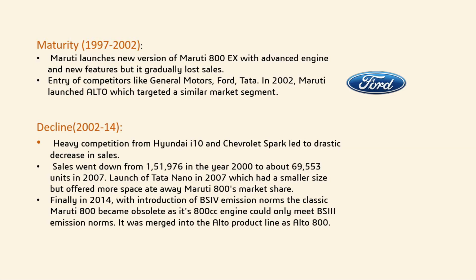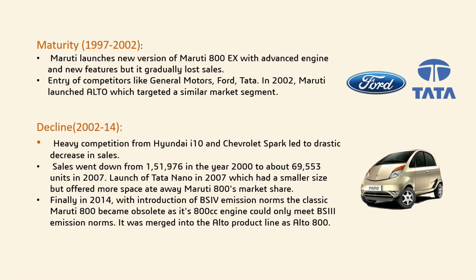Then the competitors like Ford and Tata emerged into the market, and this made Maruti very difficult to increase their sales. Then Maruti launched a new product Alto, and they targeted a similar market segment. The decline of Maruti 800 started in 2002 due to the heavy competition from Hyundai's i10 and Chevrolet's Sparklet. The sales drastically went down starting from 2000 year till 2007. And then in 2007, Tata Nano was introduced into the market, which was a big hit for Maruti 800.